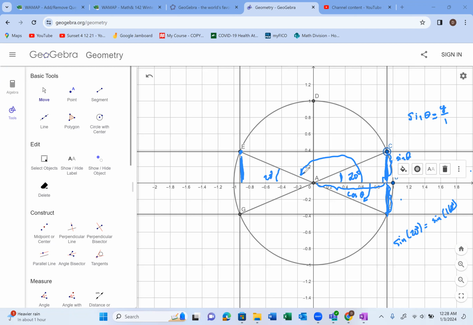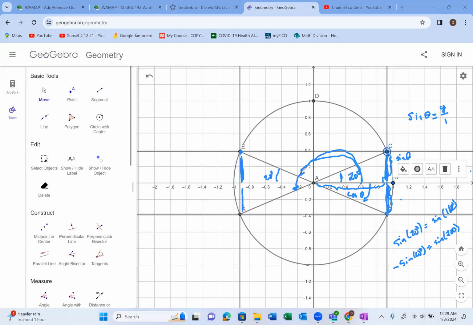And if I go a little bit farther, I know that the sine of 20 degrees is, well, if I change the sign of that, I'll get the same as the sine of 200 degrees, right? Because if I go from the positive x-axis all the way around into the third quadrant here, I'm going to end up with the same y value here, but it's going to be negative because it's below the x-axis.